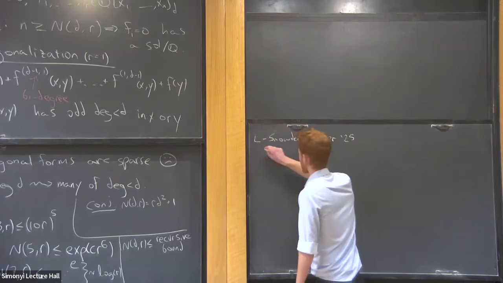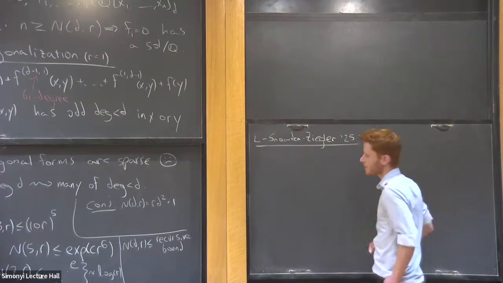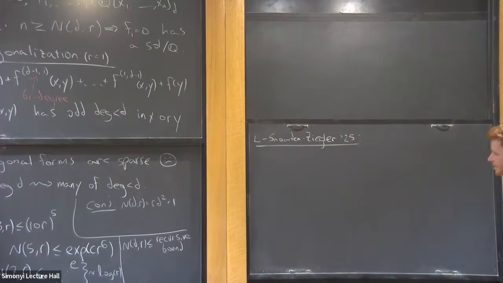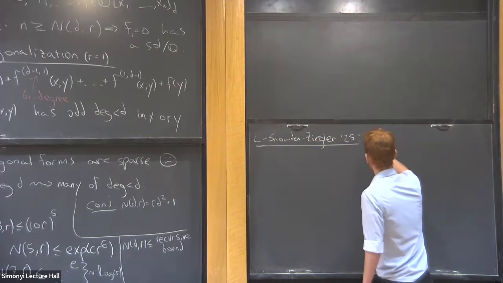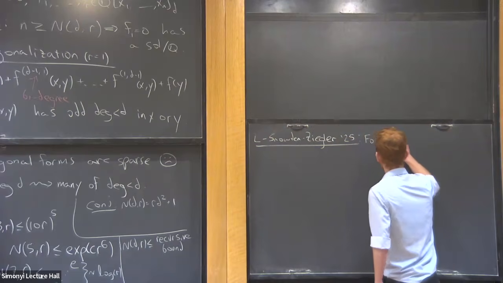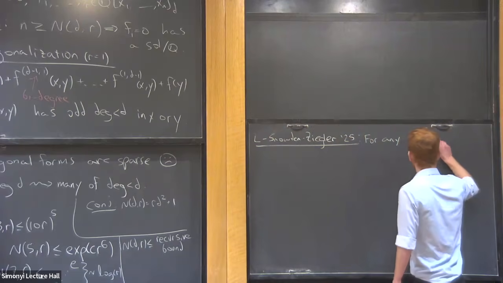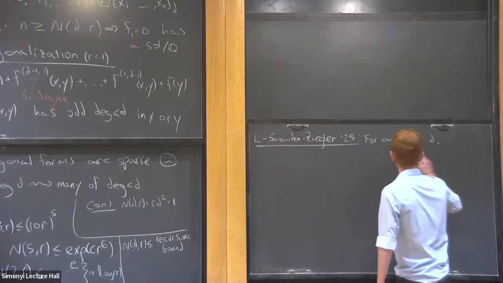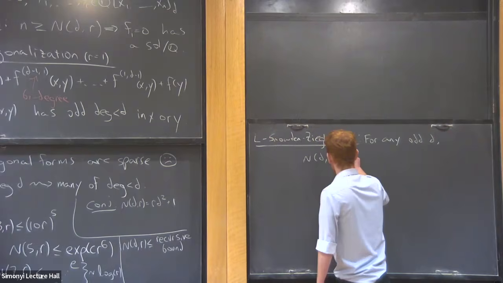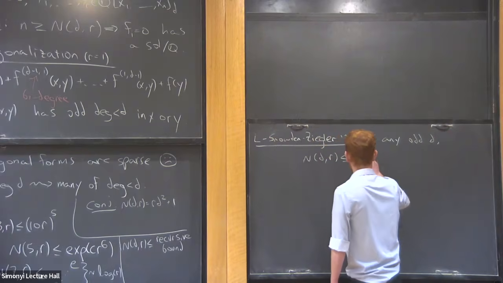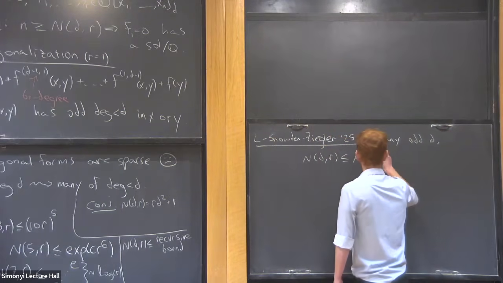So the result I'm going to talk about is recent joint work with Tamar Ziegler and Andrew Snowden, and we show that for any odd d, you can take N(d,r) in Birch's theorem to be bounded by a polynomial.